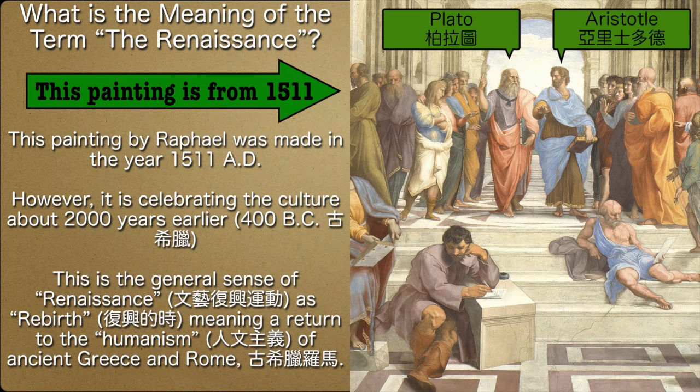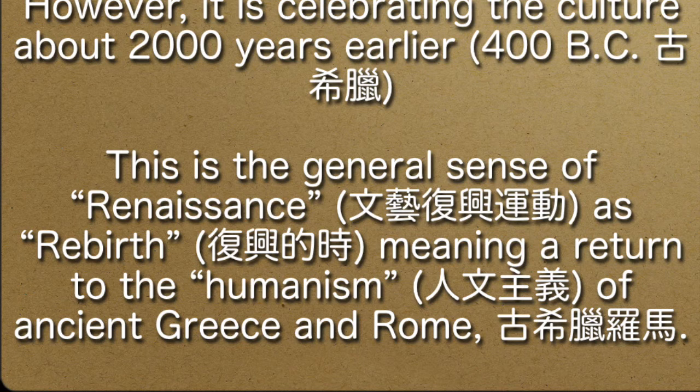So one idea about the Renaissance is that people in Europe had stopped reading Aristotle, had stopped reading Plato, that European culture was controlled by the church, and that at this time, starting in the year 1300, 1330, there was a revival, there was a Renaissance, there was a rebirth.